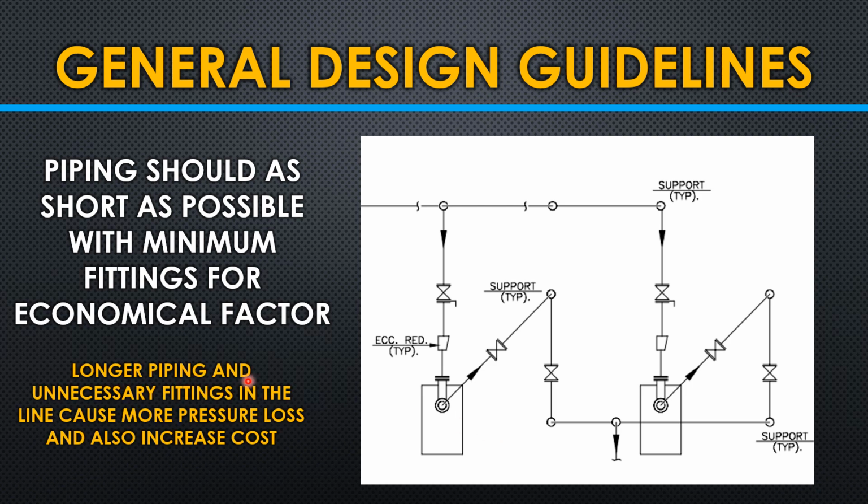See, longer lines and unnecessary fittings in the line cause more pressure losses, and it will increase the cost of the entire project. Basically, if you are going to put more fittings and more elbows, it will reduce the line pressure, and it will cause pressure losses in the line, which is basically a loss in energy. And also the number of fittings will increase the total cost of the project, right?